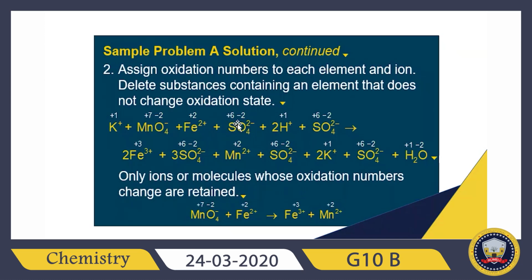And you will complete the same way for the other compounds, guys. So only ions or molecules whose oxidation numbers change are retained, which is the permanganate ion, the ferrous iron, the ferric iron, and the manganese as a product.